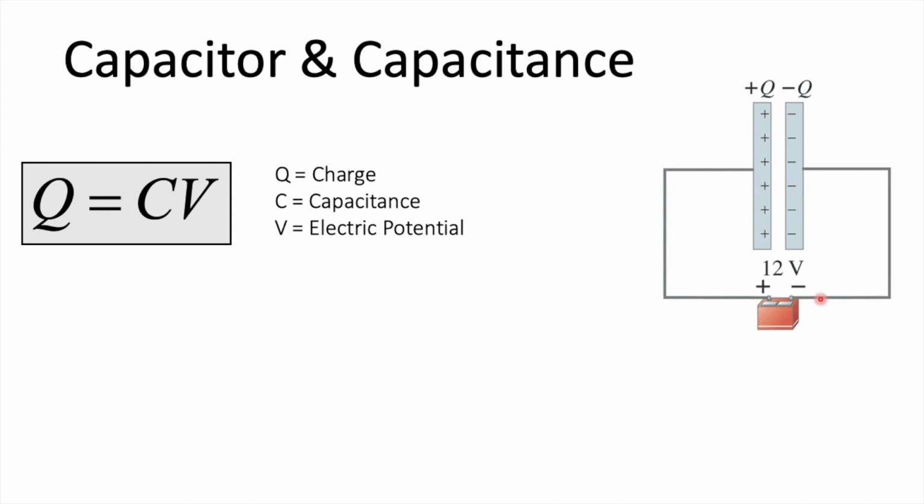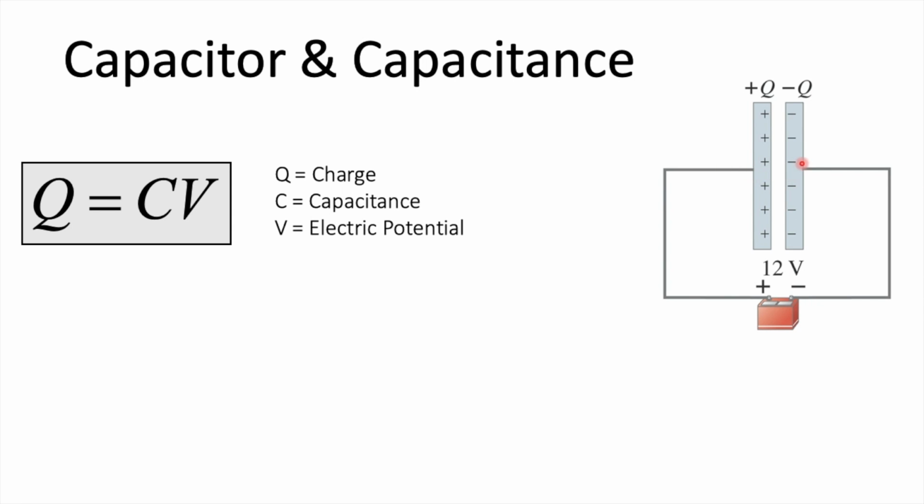It pushes the electrons towards this plate, which gains net minus q charge, and that results in the positive plus q charge on the opposite side. And this is our parallel plate capacitor.